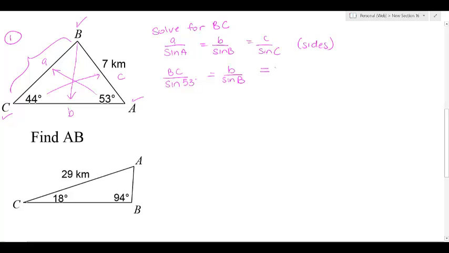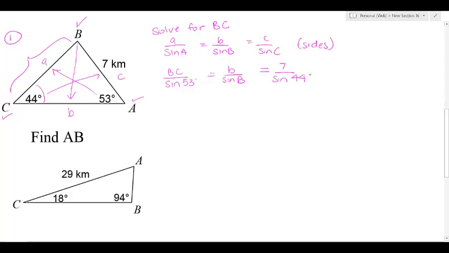The next one is c, which is replaced by 7, and angle C is 44 degrees, so we replace C with 44 degrees.